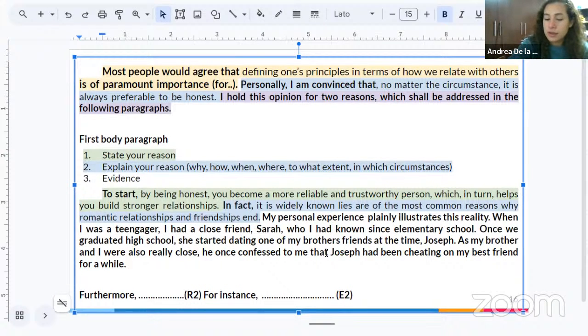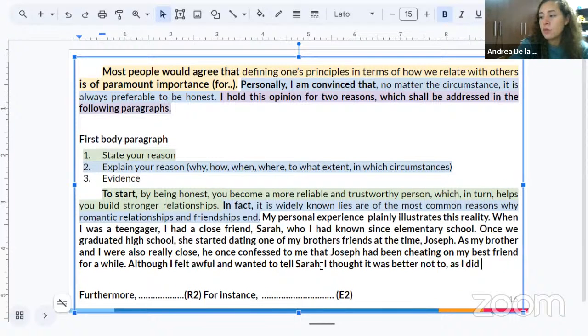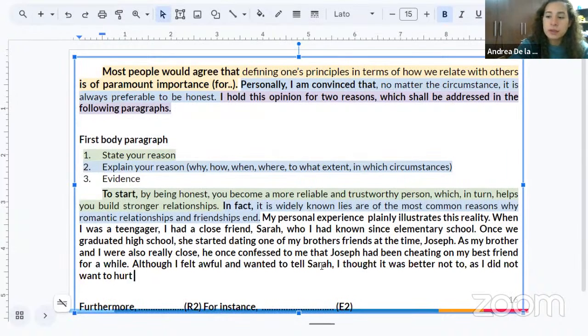Now let's say, although I felt really bad for Sarah, although I felt awful and wanted to tell Sarah, I thought it was better not to, as I did not want to hurt her feelings and be the one to break the news to her.